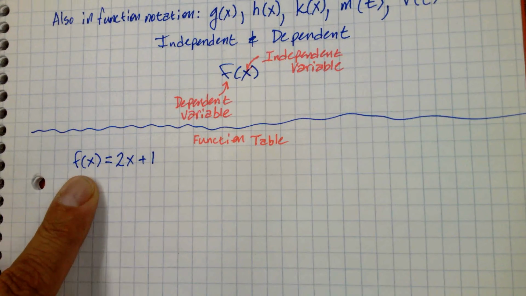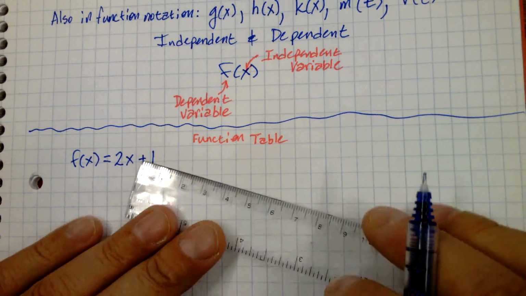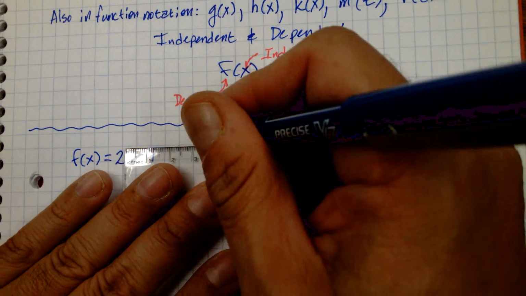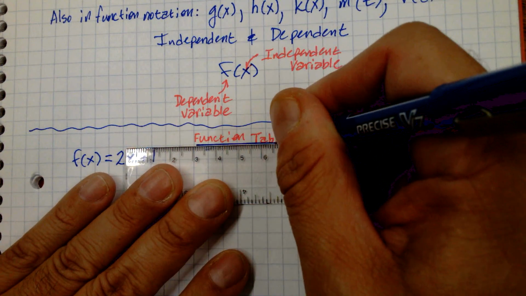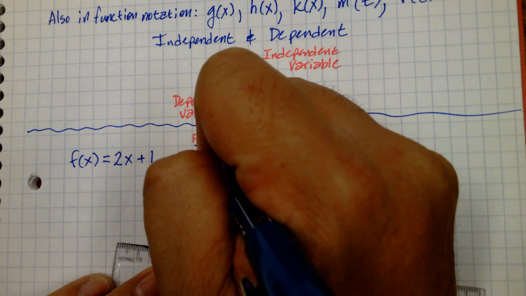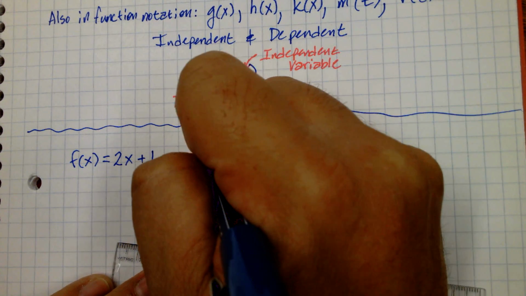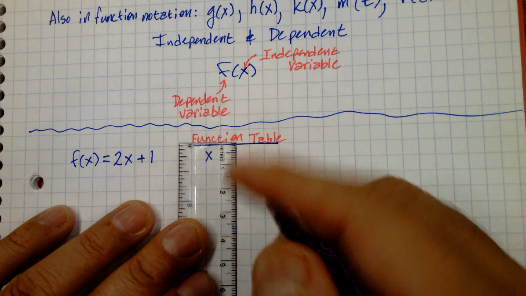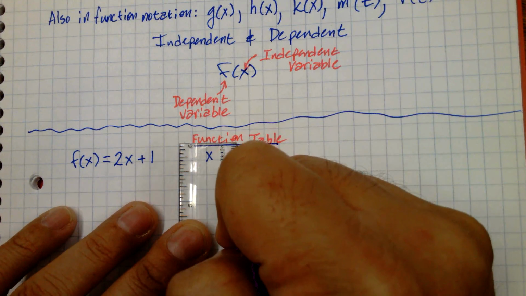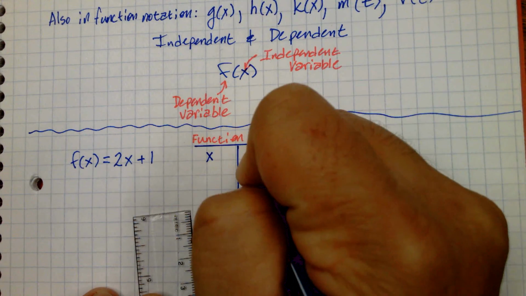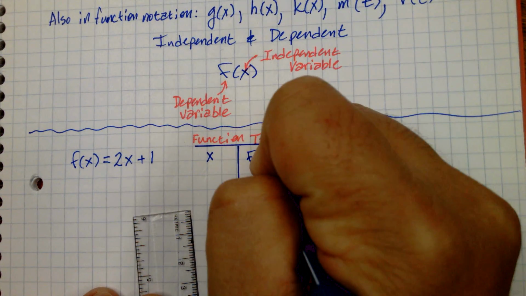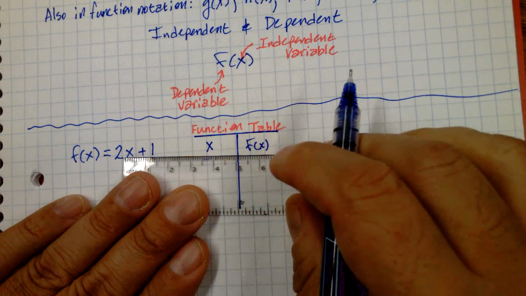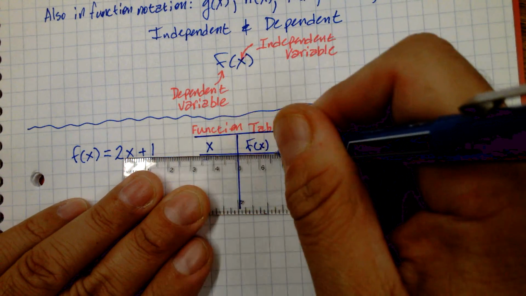The rule for the function is 2x plus 1. We'll do x on one side and f of x on the other.